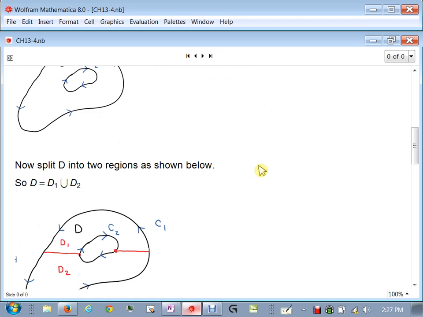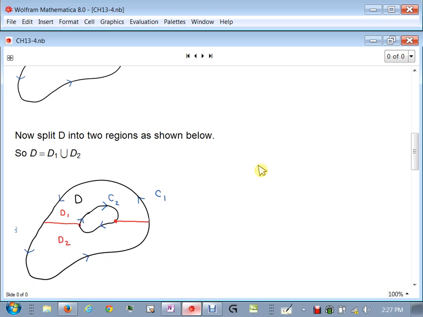Now, split D into two regions as shown below, D1 and D2. What I'm going to do is somewhere on this path C2, pick a point and go across over here, and then over here, pick a point and go across here. Y'all got that?